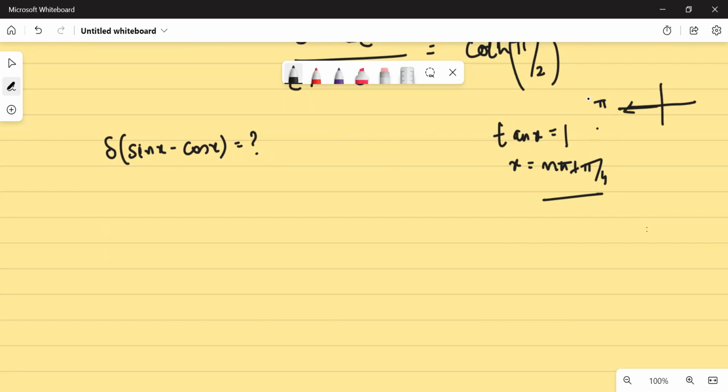So n pi plus pi by 4 will be the generalized solution. Is that clear? So tan x equal to 1, the general solution would be given by n pi plus pi by 4, standard class 11 trigonometry. Tan x is a periodic function with period pi. The particular solution would no doubt be pi by 4, but the generalized solution would be n pi plus pi by 4. Is that clear to you?